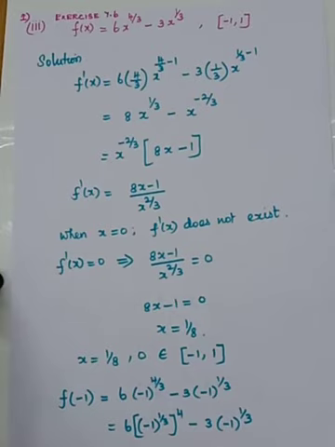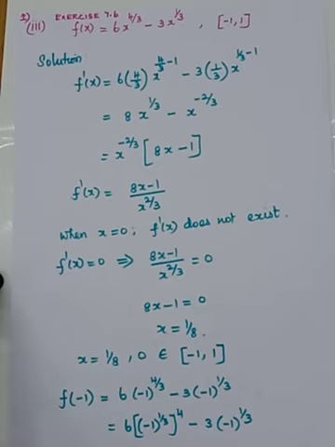That is, the problem is regarding finding the absolute maximum and minimum value. So, what is the procedure to find the absolute maximum and minimum? The first step, you have to find the critical number. Critical number or critical point is where f dash of x is equal to 0 or f dash of x does not exist.